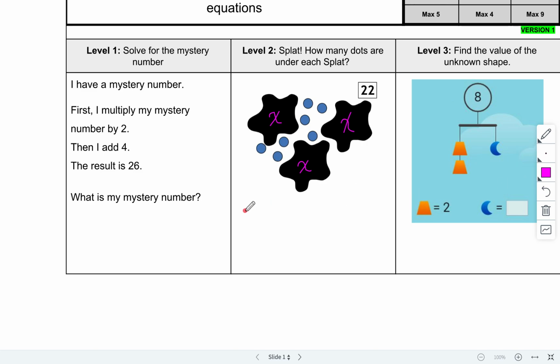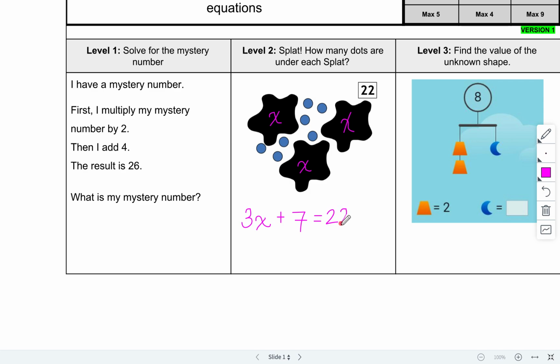So if we want to write an equation based off of this, we know that we have 3 splats, or 3 of our unknown variable, plus 1, 2, 3, 4, 5, 6, 7 dots. And I think this is the total number of dots in the whole space. So that's going to equal 22.